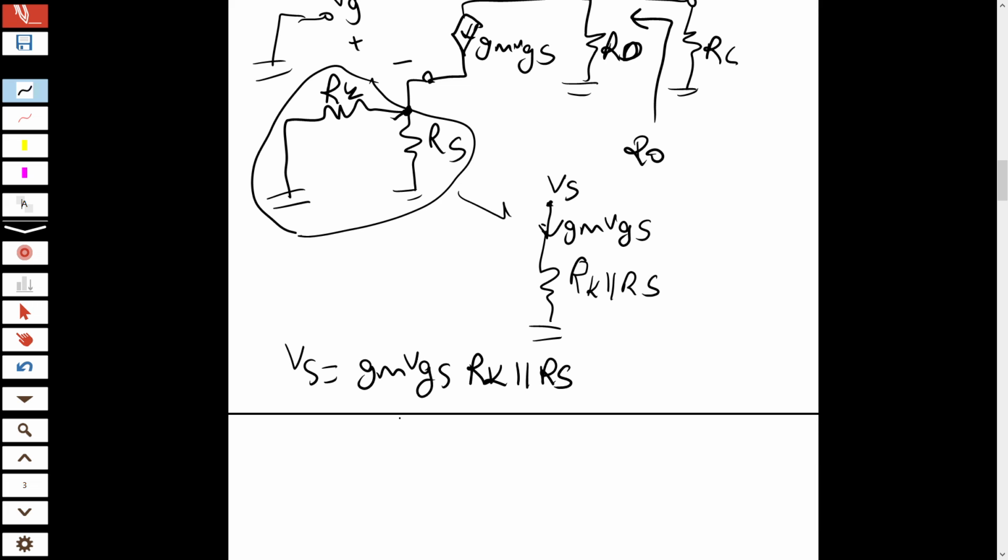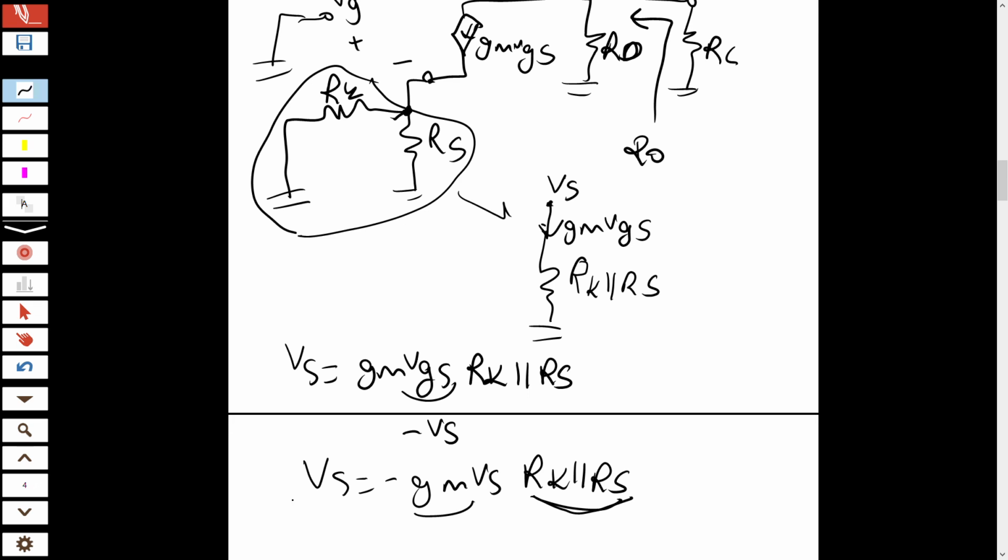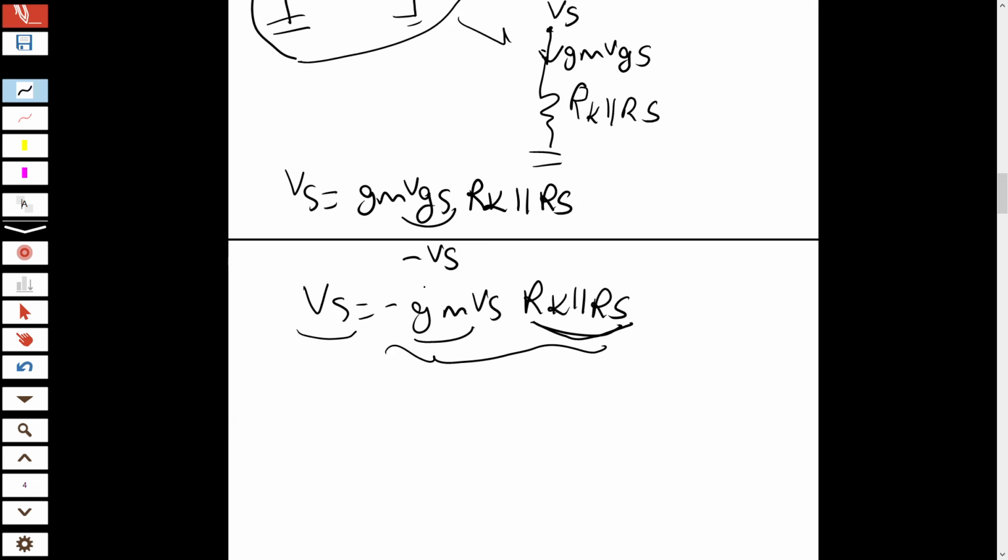Now VGS equals minus V source because the gate is grounded, so V source equals minus gm V source times RK parallel RS. RK parallel RS is positive and gm is positive, so positive something equals negative something. How can this happen?